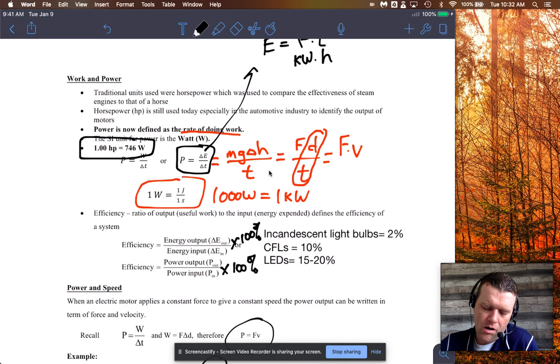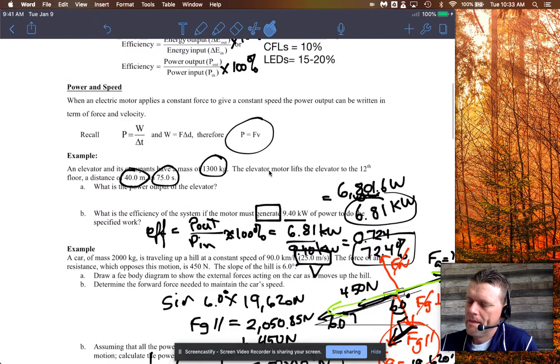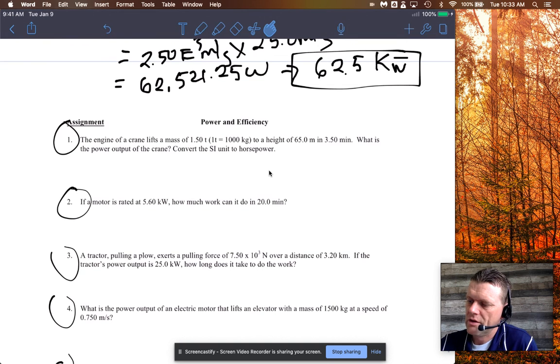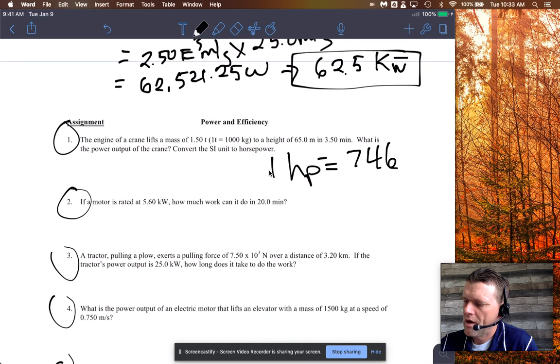We're talking about cars mostly, or small engines. You'll still see that they're measured in horsepower because that's just a conventional unit. So for this question here, once you get your answer, you could say 1 horsepower is 746 watts.